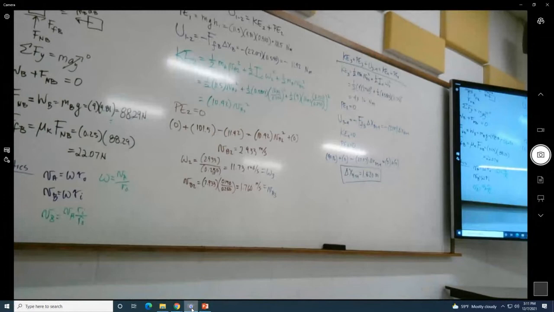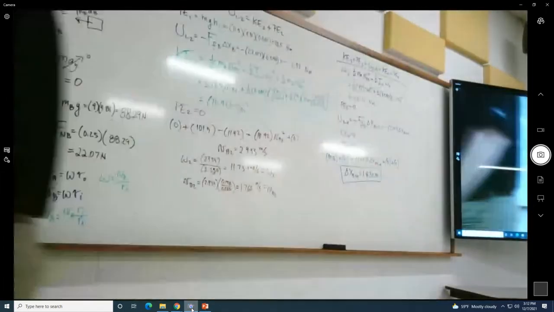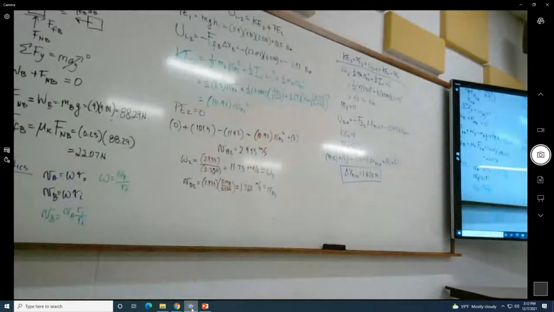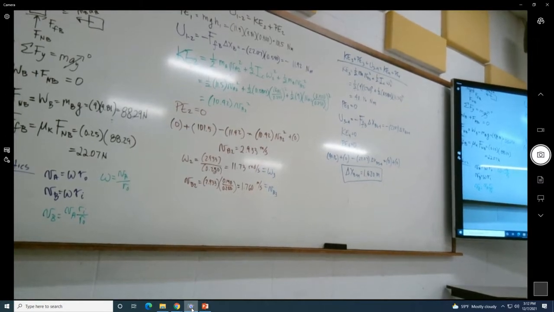Now the thought experiment that I have here was, what if the momentum of B is so much? Is it possible that this will stop rotating and this will keep on moving? And I don't think so. I recall having the same question. Okay.